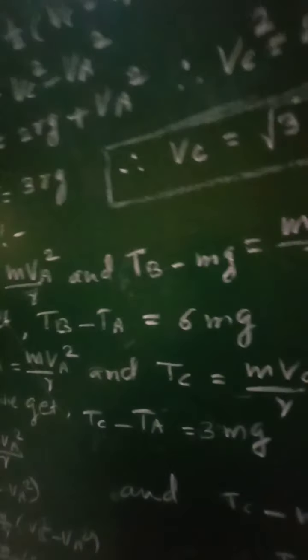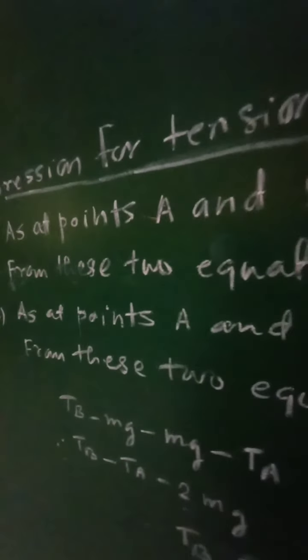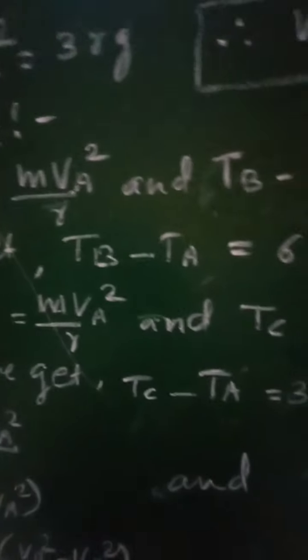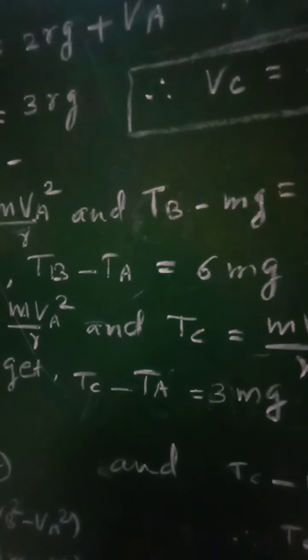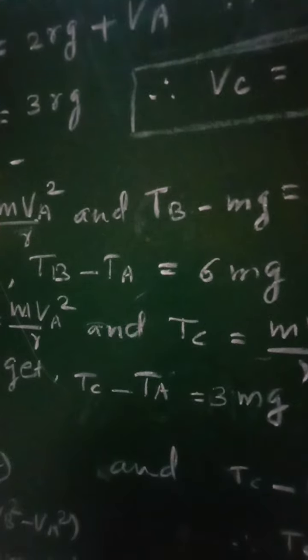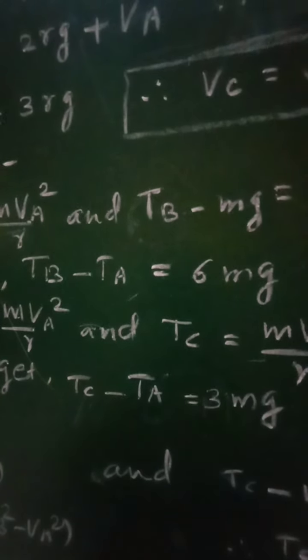These relations we already know. By solving these two equations, we get TB minus TA equal to 6 mg, that is, the tension difference between the two points B and A is 6 mg.